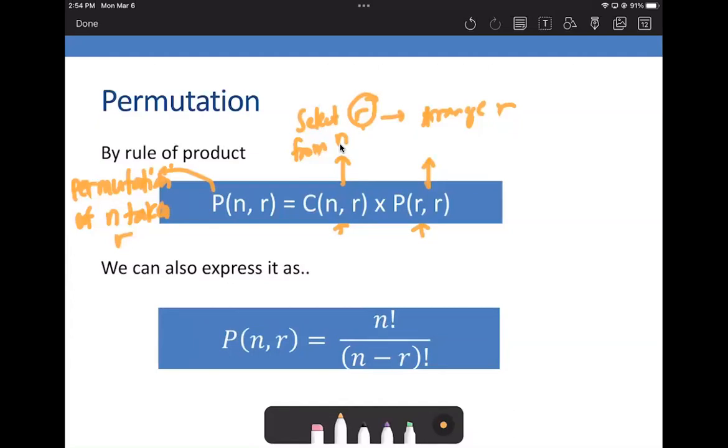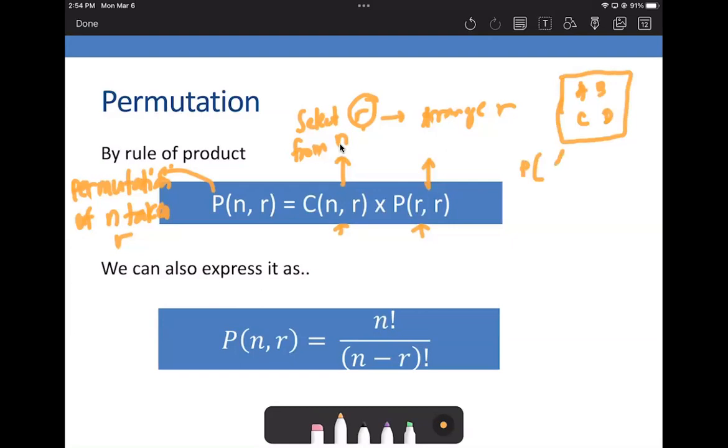For example, earlier we had the list A, B, C, and D. You are tasked to find P of 4 taken 2. What happens is we have the combination of 4 taken 2, where we must first select.